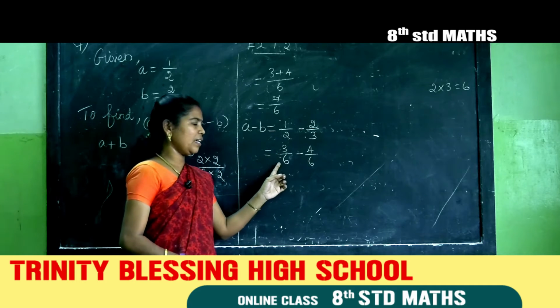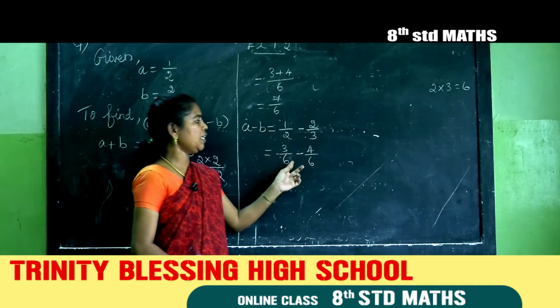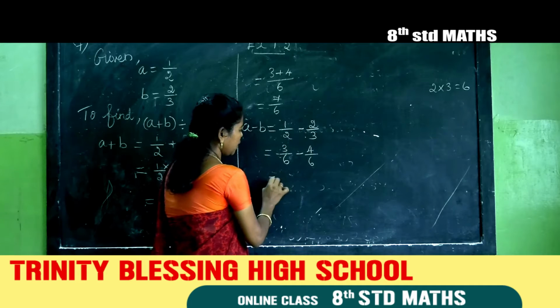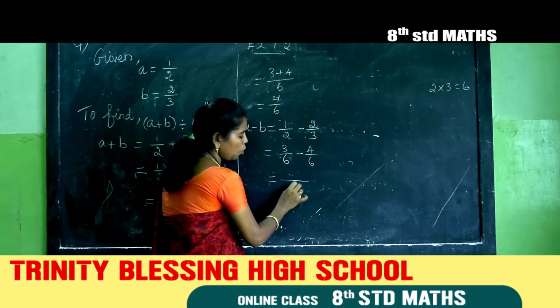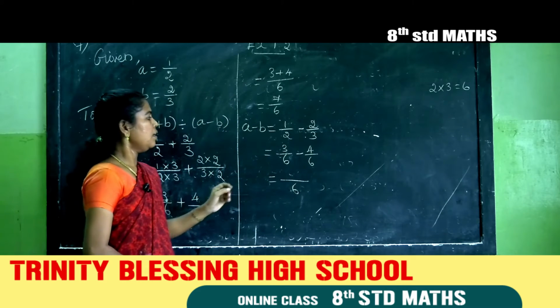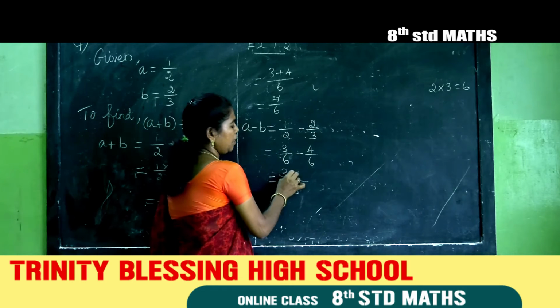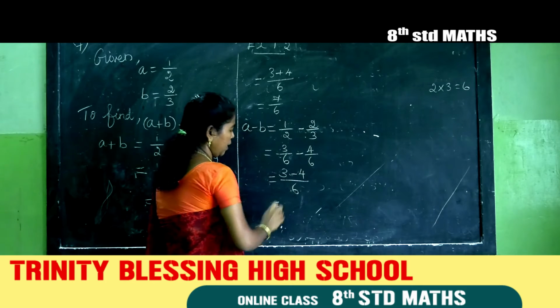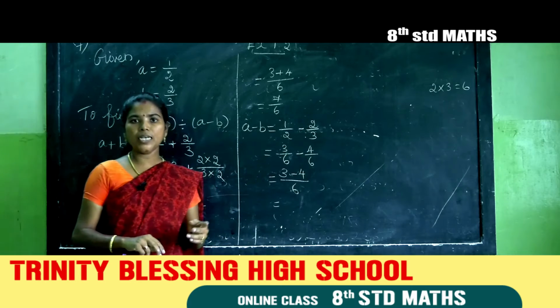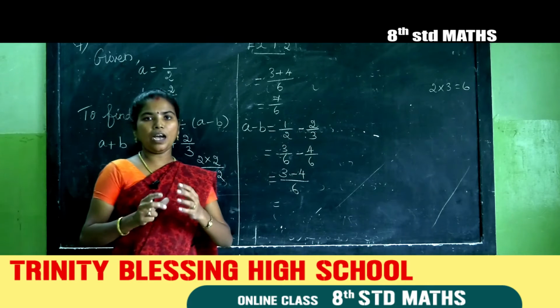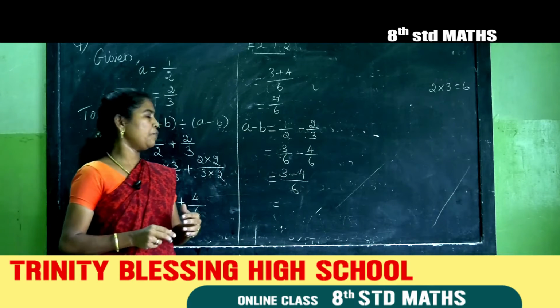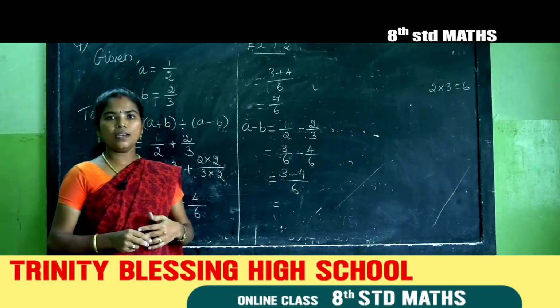So we can directly write 3 by 6 minus 4 by 6, which is equal to, here we put the common denominator 6. The numerators are 3 and 4, so we write 3 minus 4. Now here we have two numbers with different signs. So we have to find the difference and put the sign of the greater one.